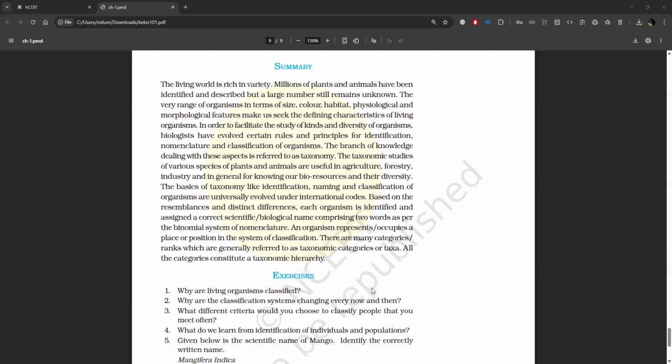Based on the resemblances and distinct differences, each organism is identified and assigned a correct scientific or biological name comprising two words as per the binomial system of nomenclature. An organism represents or occupies a place or position in the system of classification. There are many categories or ranks which are generally referred to as taxonomic categories or taxa. All the categories constitute a taxonomic hierarchy.